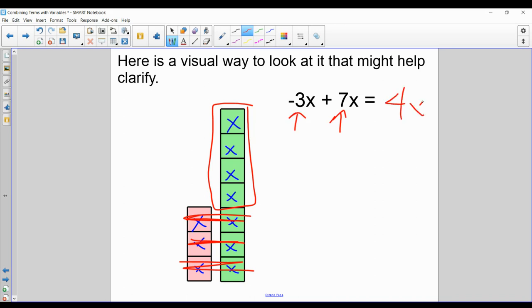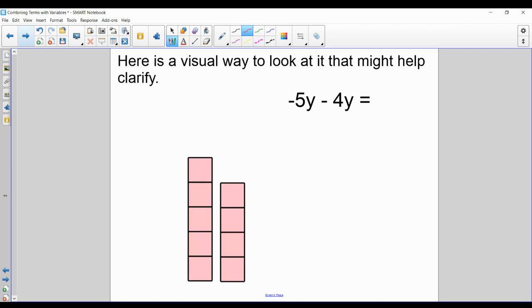So this is going to be +4x. If I look at these with y's, so it doesn't really matter what the variable is, we're just counting them. But if I look at this and they're all pink, my answer is also going to be pink, and I have to see how many of them there are. There are 5 and 4, making 9 pink ones, so that's -9y.